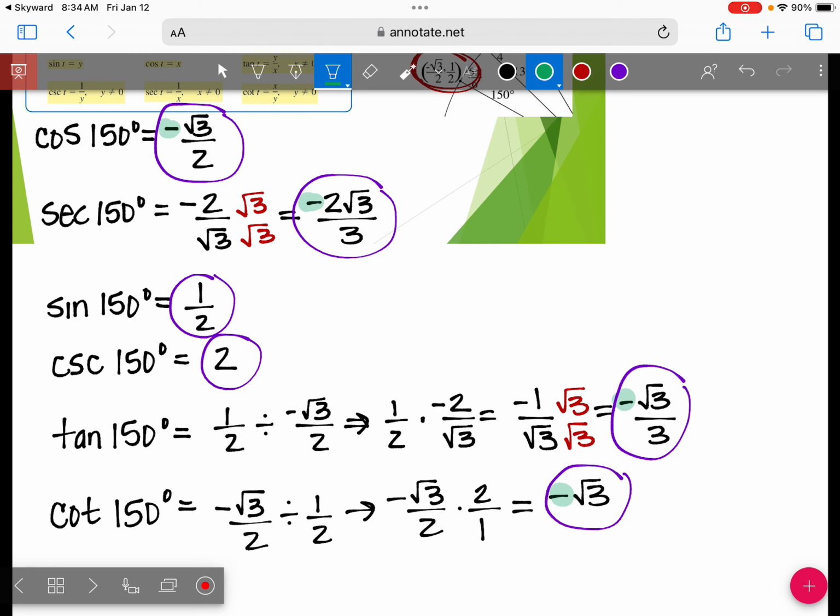See how many of them you agree with, and you can take a minute to correct your work if you don't agree, and then I'll go through them all.